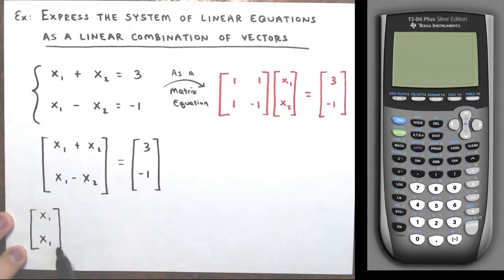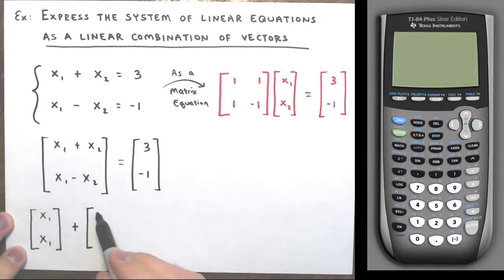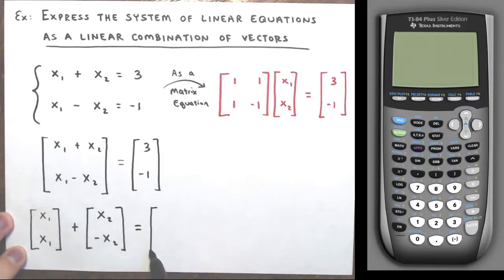So this is the vector x1, x1, plus the vector composed of the x2 terms, x2 in the top component and negative x2 in the bottom component. This is equal to the vector 3, negative 1. Again, 2 by 1 plus 2 by 1 equals 2 by 1, so the requirements for matrix addition still hold.